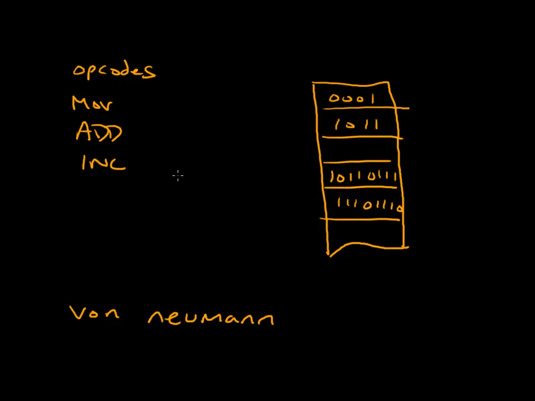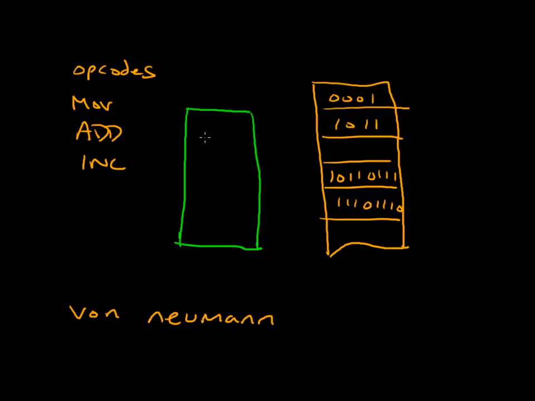What the operating system does, though, is something extra. And what the operating system does is very simple to deal with this problem. It divides up the memory into two areas for each process.